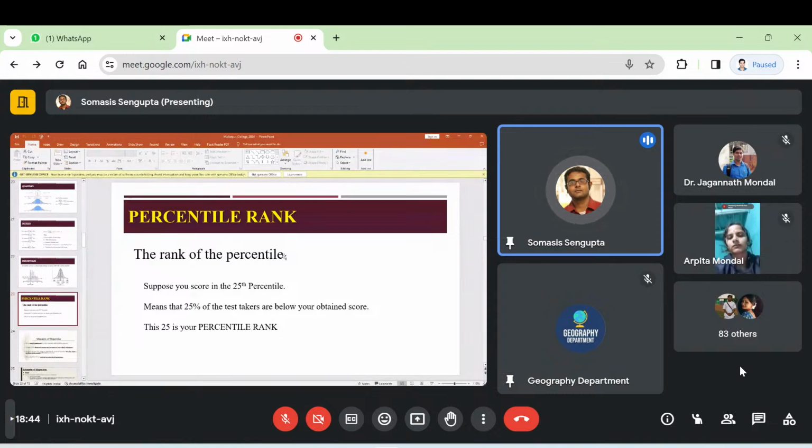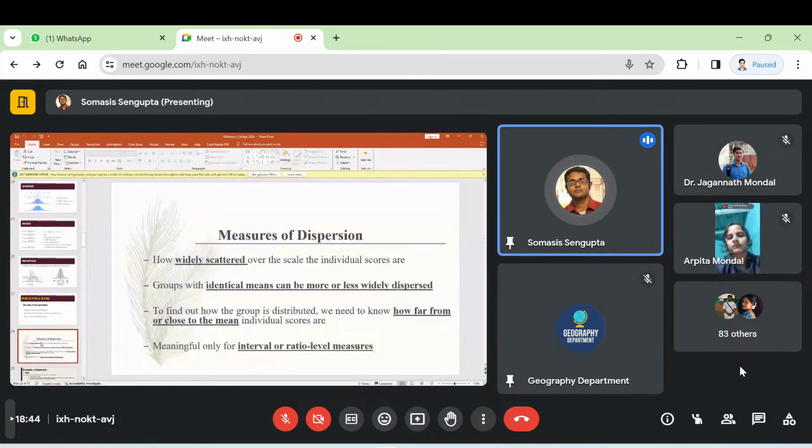If my percentile rank is 89, that means 89% of all the test takers, of all the people who had given the examination, are below my obtained score. So this is the biggest applicability of percentile rank. So these are the various measures of central tendency.